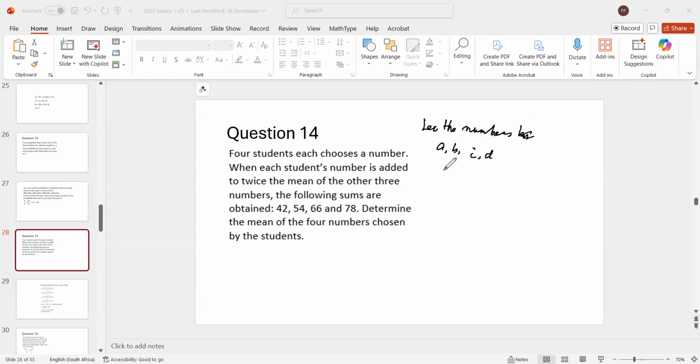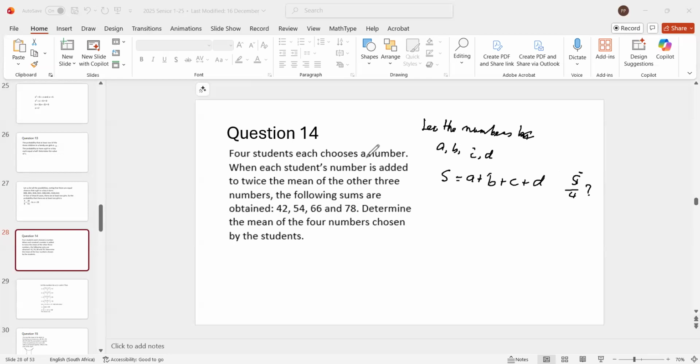So I need to calculate A plus B plus C plus D. You have to calculate the sum of these four numbers, and we give it a name, S. You'll see just now why, because it simplifies calculations a lot. And the question is, what is the mean? Mean is average. So you've got four numbers, and the sum is S. So you need to calculate S divided by four. That'll give you the average.